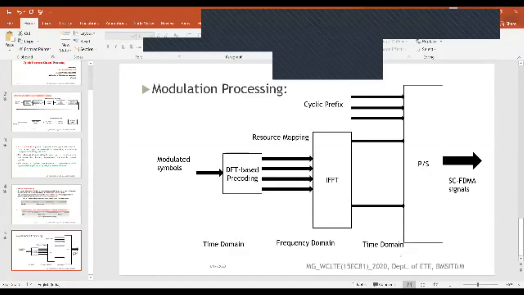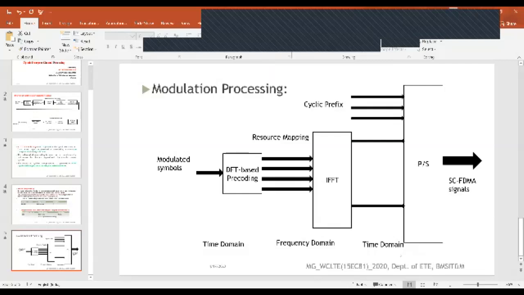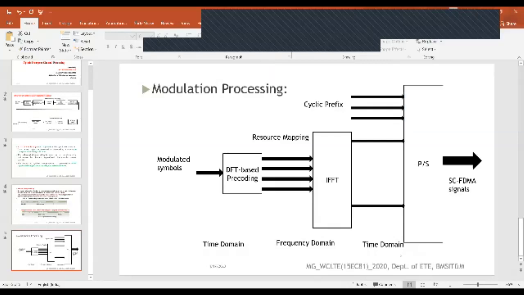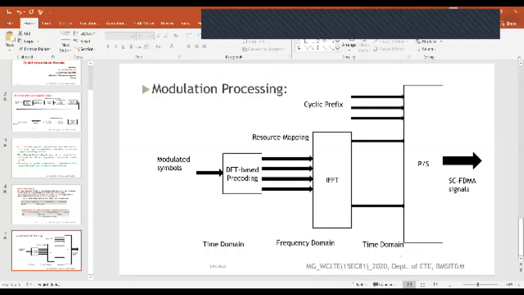So next, what other things are done in this uplink transport channel processing? We'll see. If you have any doubts in this, you can ask me. So far, whatever I have discussed, almost all the steps are similar compared with the downlink transport channel processing, right?